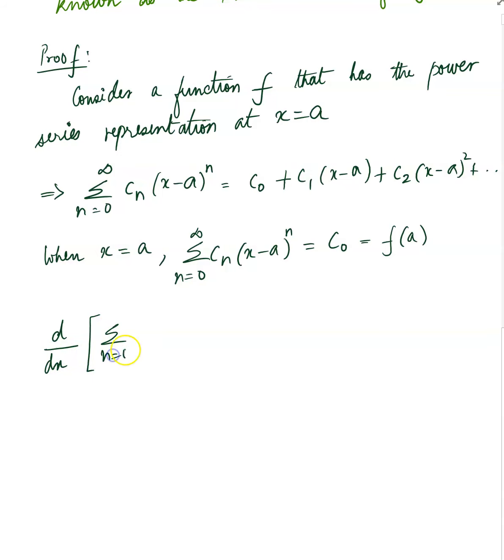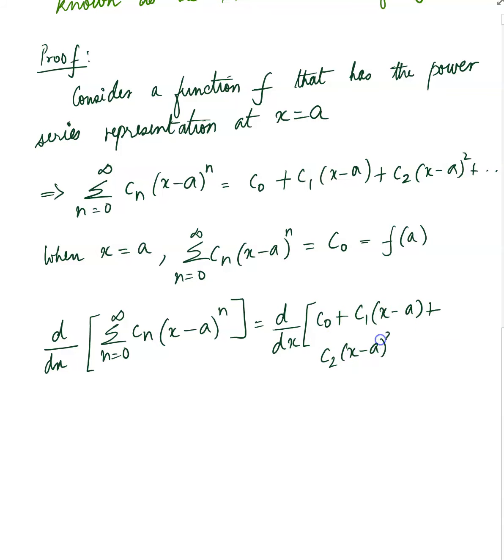of this series. The first derivative of C0 plus C1 times x minus a. This comes out to be 0 for the first one because there is no x there, the derivative is 0, plus C1, because there's just an x, so I'll just write C1.